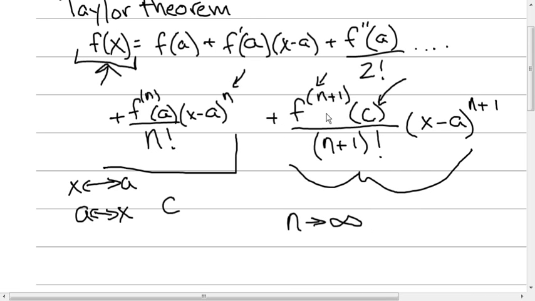Okay? So at the limit, this term right here goes to 0. That means that the preceding polynomial here, Taylor polynomial, estimates perfectly our function. Okay, so those conditions need to be satisfied. So one of the things that we'll be looking at in examples in this chapter is, does this last term, this remainder, as it's called, go to 0 as n goes to infinity?